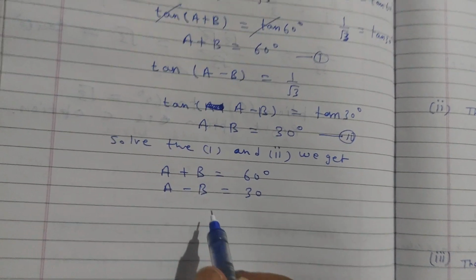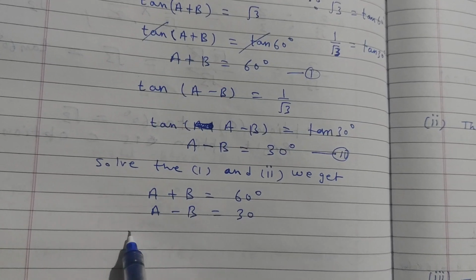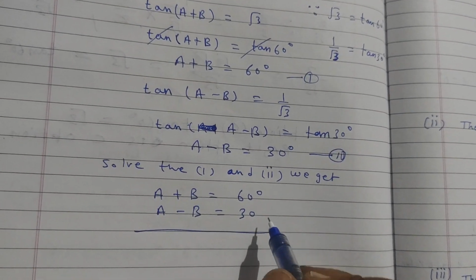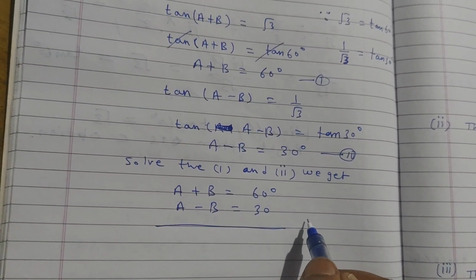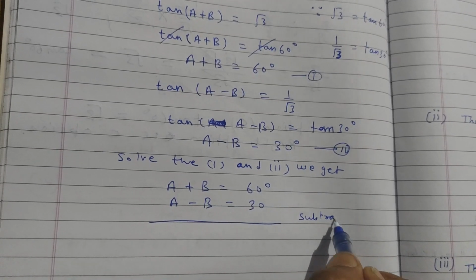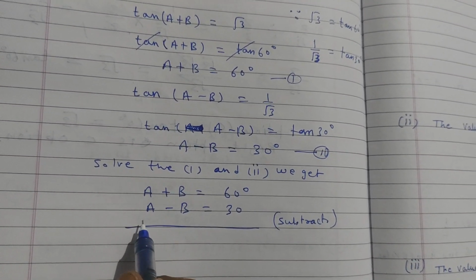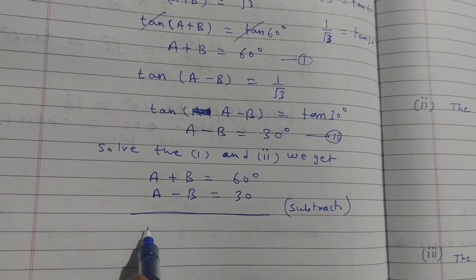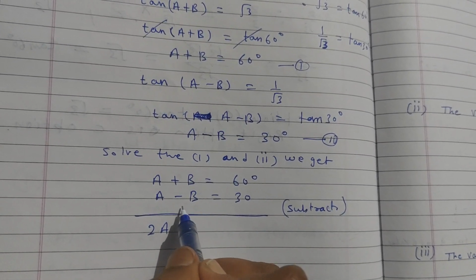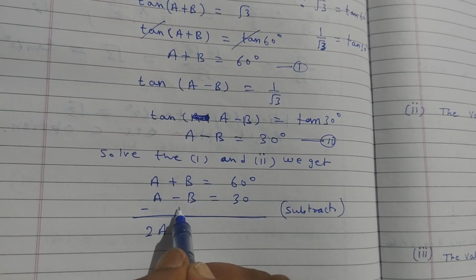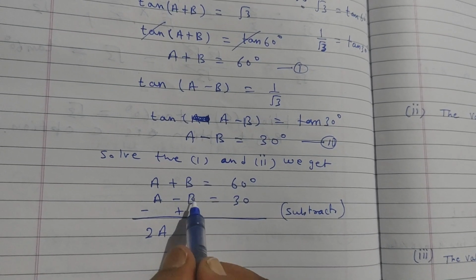So here we subtract. This value is 2A and this is added, this cancels.